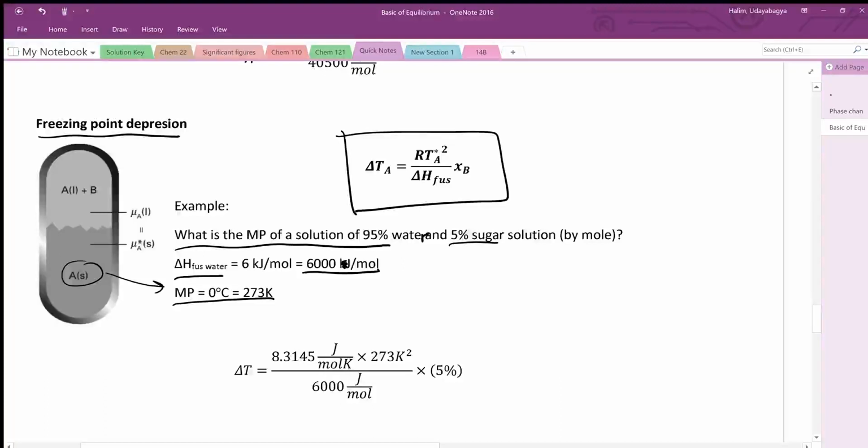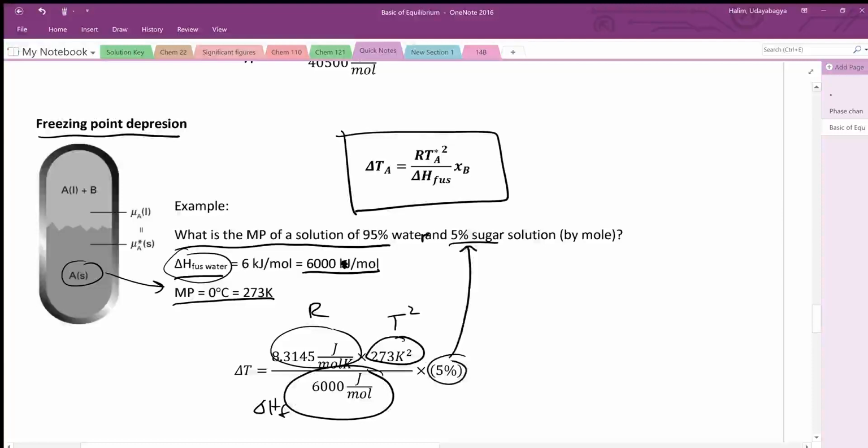Okay, so we have R times the initial melting point, so 273 to the power of 2, so this is T squared, divided by 6,000 joules per mole, which is our enthalpy of fusion, delta H fusion, times 5%, which is the mole fraction of the impurity in the liquid phase. Okay, so that's it. Plug and chug, plug and chug.